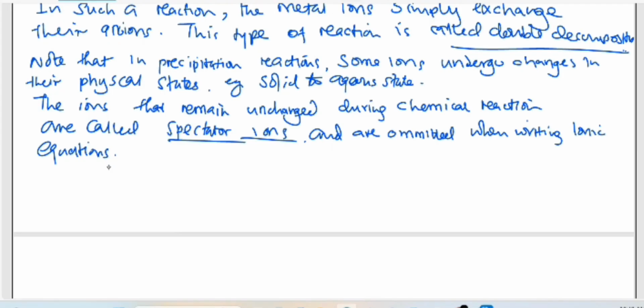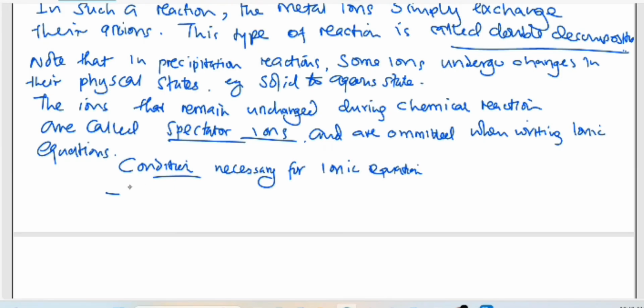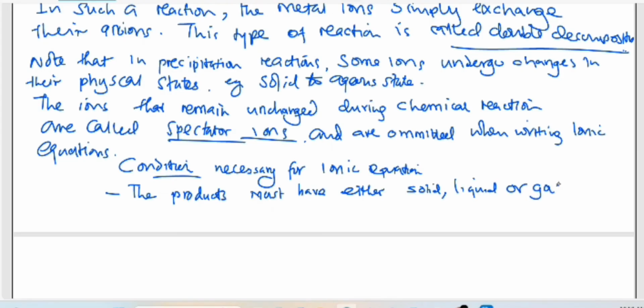So, conditions necessary for an ionic equation to be written: the products must have either a solid, liquid, or gaseous state product.